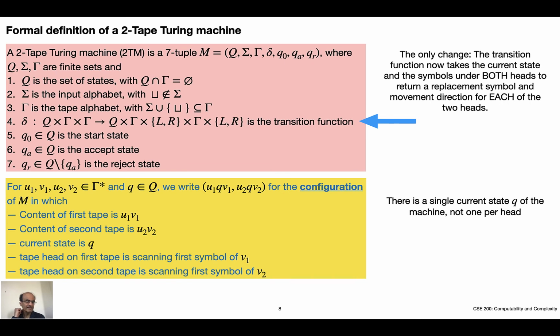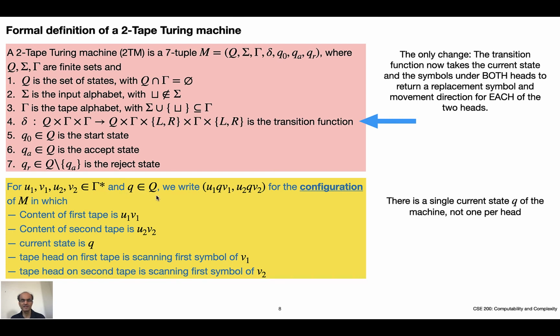Here we are formalizing configurations. So the configuration, in actual syntax, is a pair consisting of 2 strings, and they follow the conventions of the single tape machine. Here, U1, V1, U2, V2 are strings, possibly empty, over the tape alphabet.